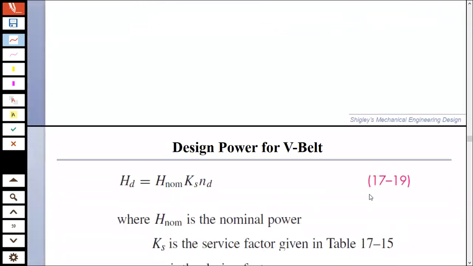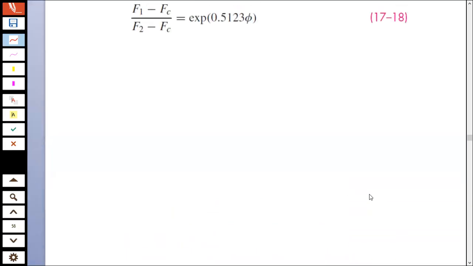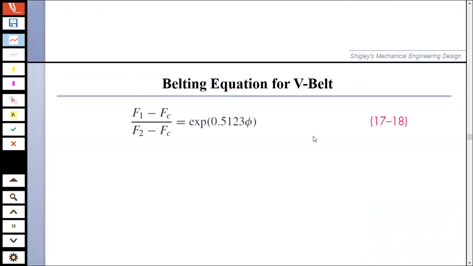when you are talking about a V belt, the difference in V belt is, देखिए, the pulley is going to look like this, right?